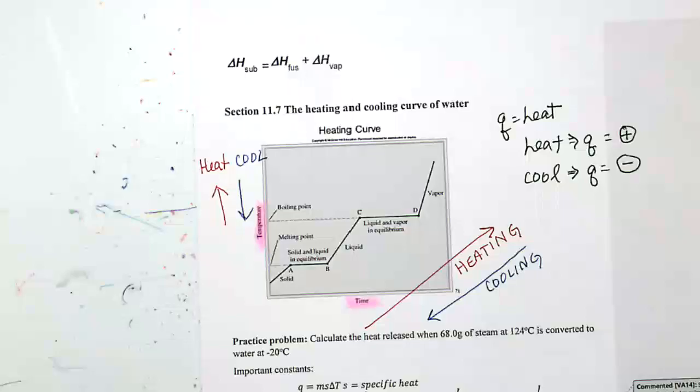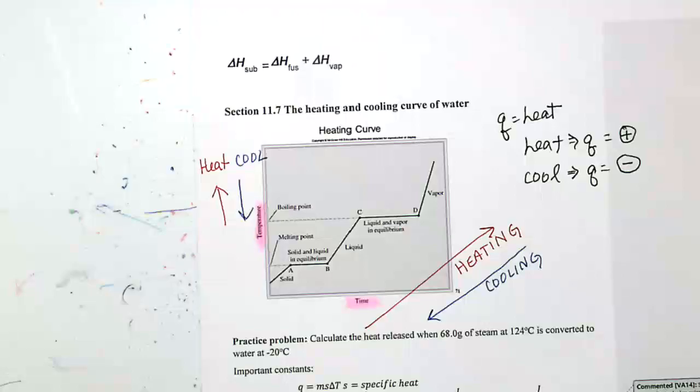Anytime heat is given off, it gives it off to the surroundings. Do you remember system and surroundings from Chem 1? If the system, which is the reaction, gives off heat to the surroundings, then it becomes negative.